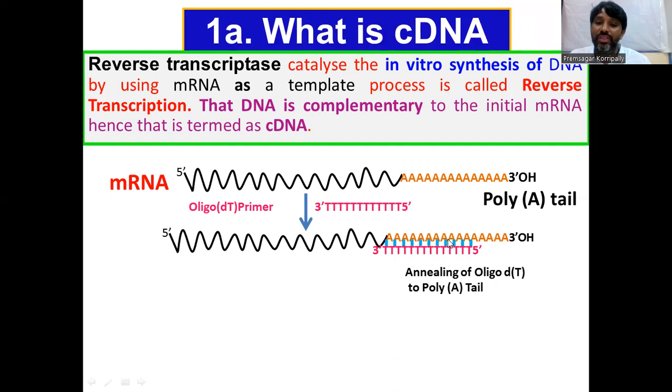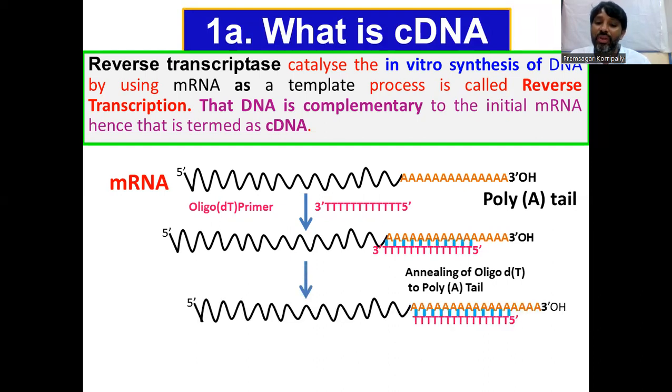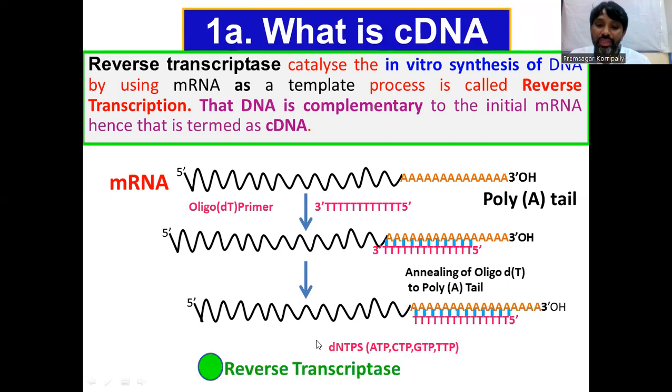Then the reverse transcriptase will bind to the primer and mRNA complex, and it polymerizes or synthesizes the DNA by using dNTPs. You can see, this is called a cDNA.